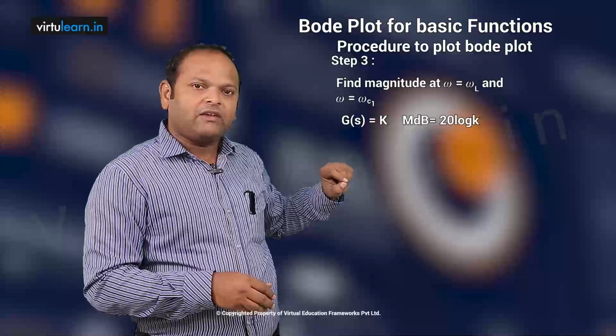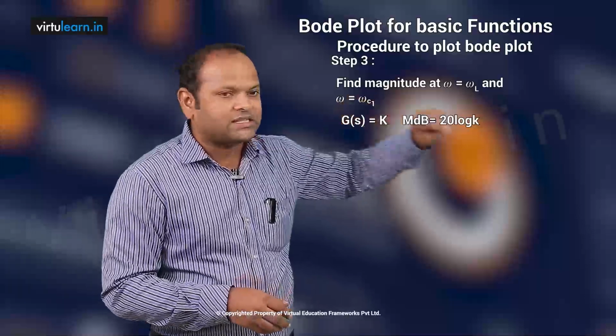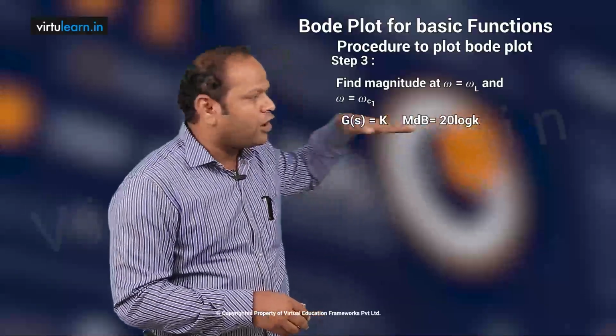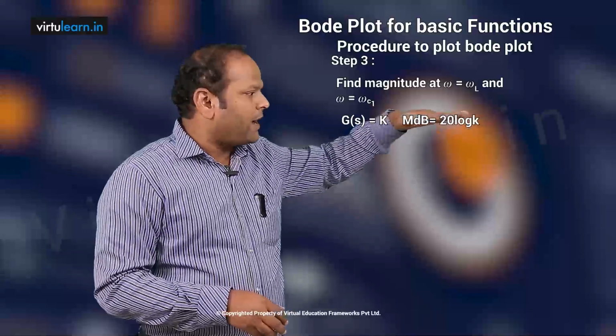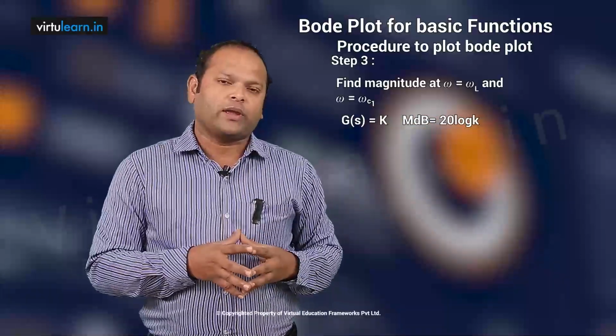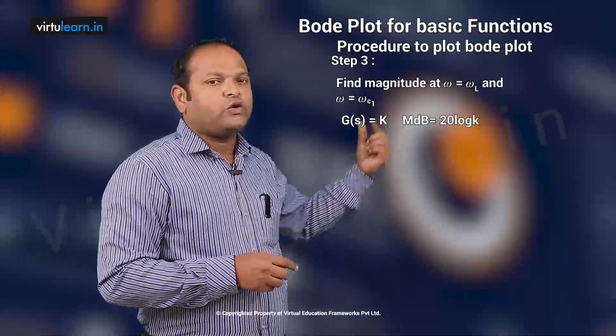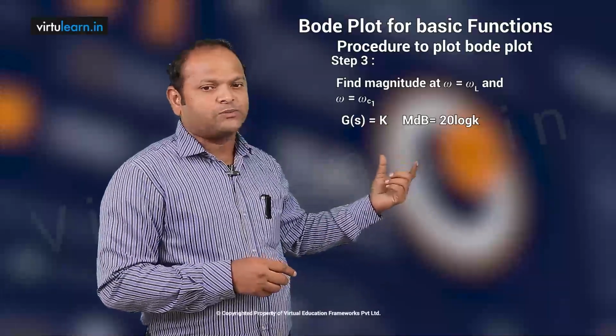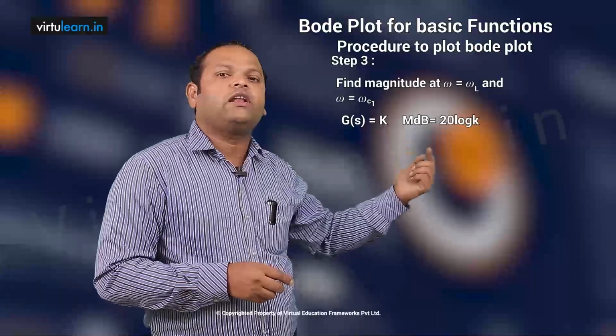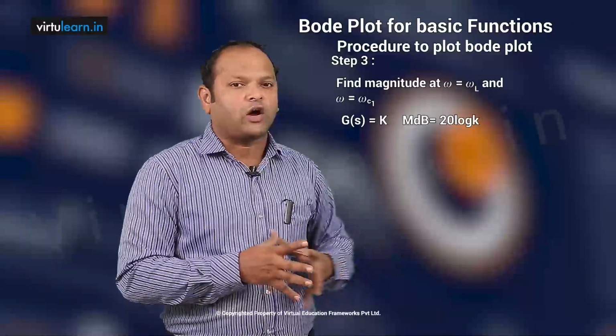So at omega L we have one particular value, and at omega C1 also one particular value. It is a horizontal line parallel to my x-axis, the log omega axis. And when the first term is k into s power n, the MdB equation we know is 20 log k plus 20 n log omega.